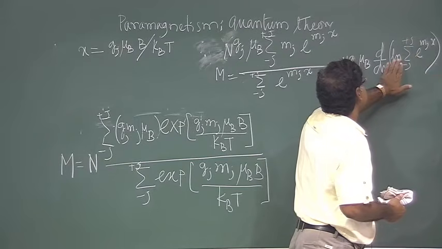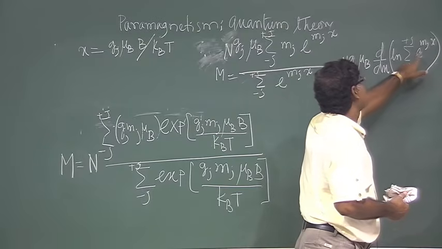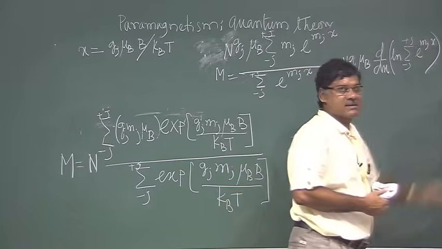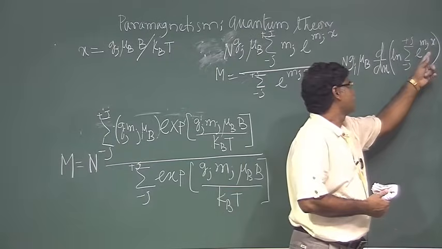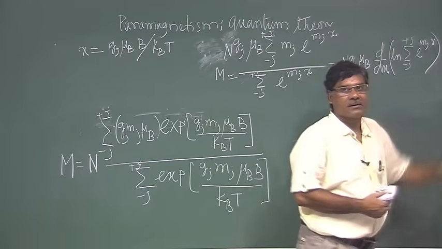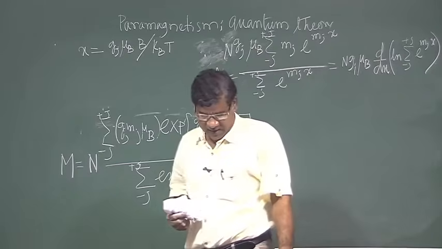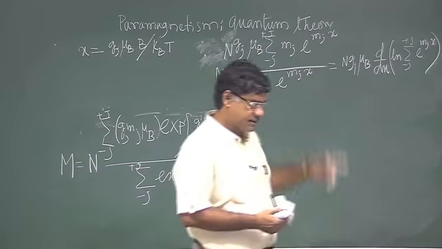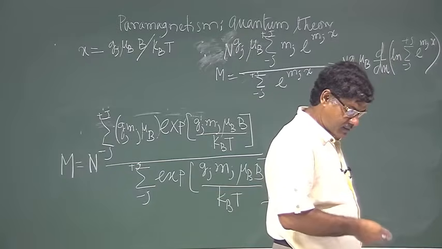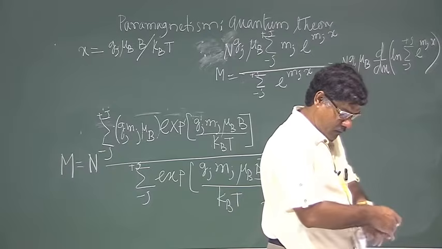So, this ln I can write as e to the power Jx plus e to the power (J minus 1)x, and so on. This way we can expand that series and then do the differentiation. So, you have to just go ahead.